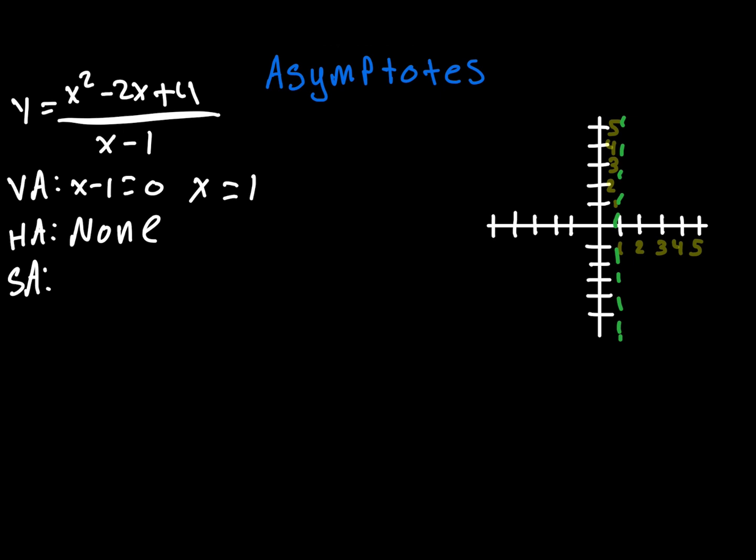To figure out your slant asymptote, we will try synthetic division. And this is only applicable when your denominator has a degree of 1, not a degree of 2, 3, 4, etc. It only has to be 1. This would look like this. We put our first term, which is x squared. There's an imaginary 1 in the middle, in the beginning, right over here.